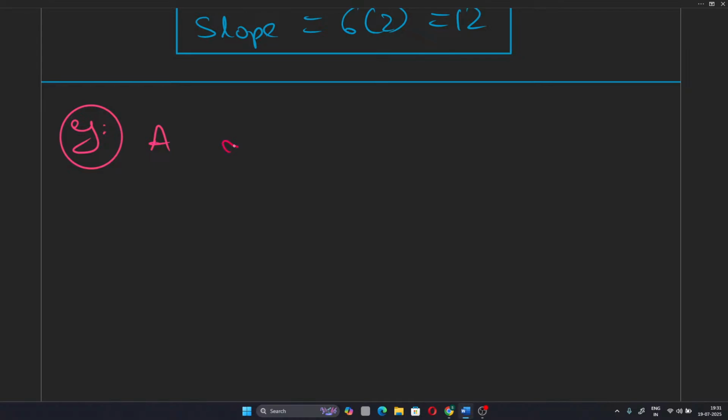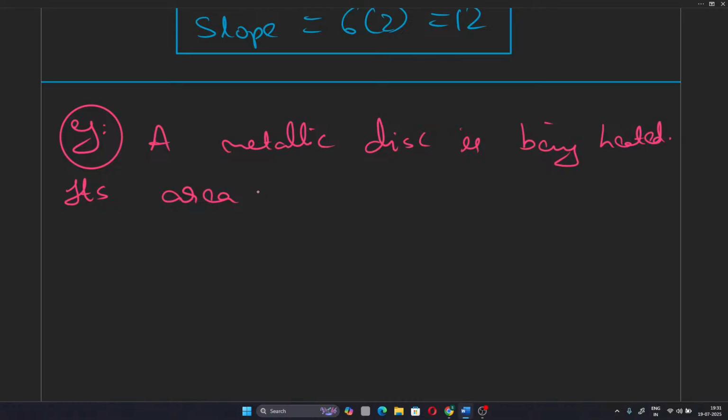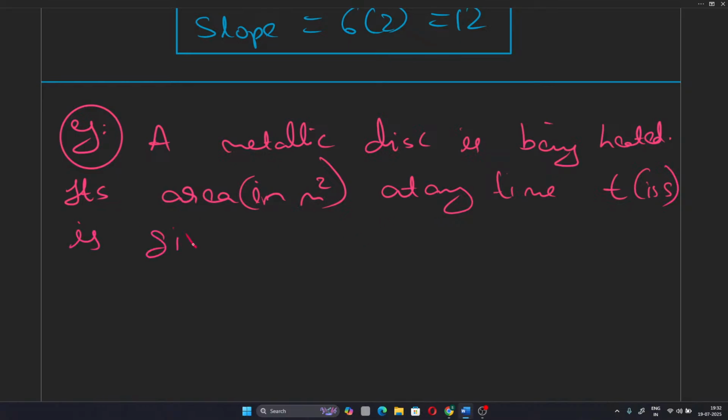A metallic disc is being heated. Its area in meter square at any time t in second is given by A equals 5t square plus 4t plus 8.